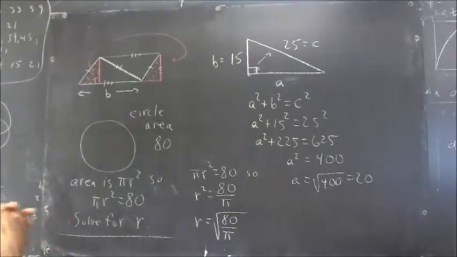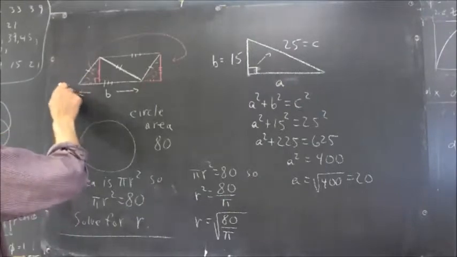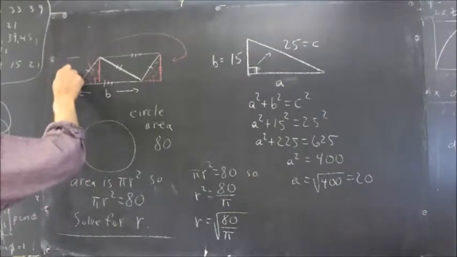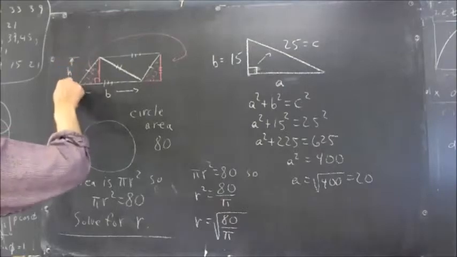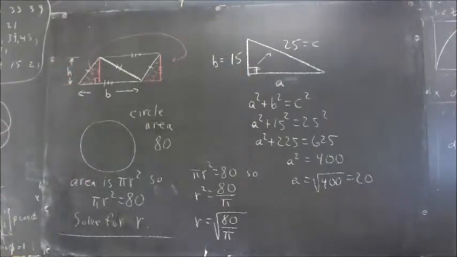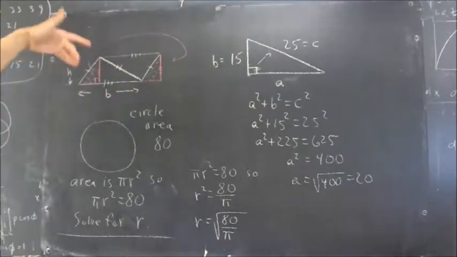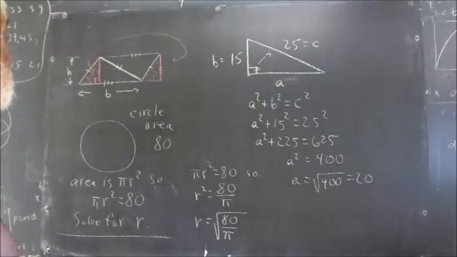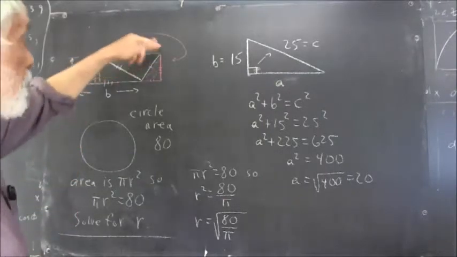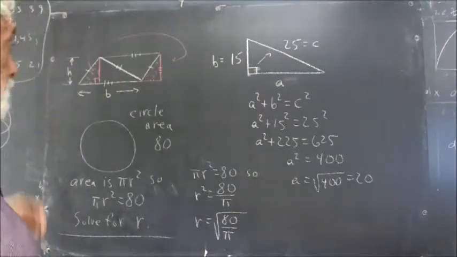Okay, so if then this is your altitude, then that will also be the base and the altitude of your parallelogram, and in addition that will also be the base and altitude of your rectangle.